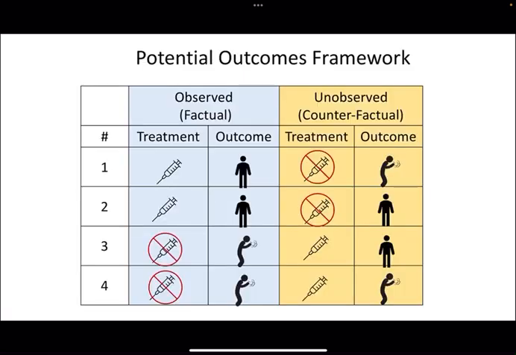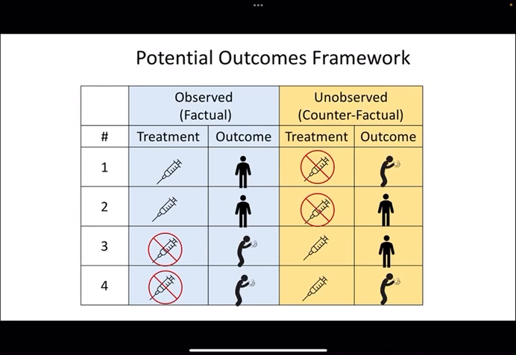If we're comparing that to how we would go about it in the potential outcomes framework, as I talked about in the other video on group level causal inference, this is a population of 4 individuals where the pale blue part is just looking at what has actually been observed, where the first 2 people got the vaccine and didn't get sick, and the second 2 people didn't get the vaccine and did get sick.